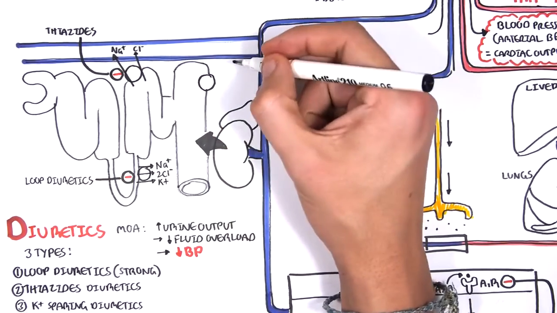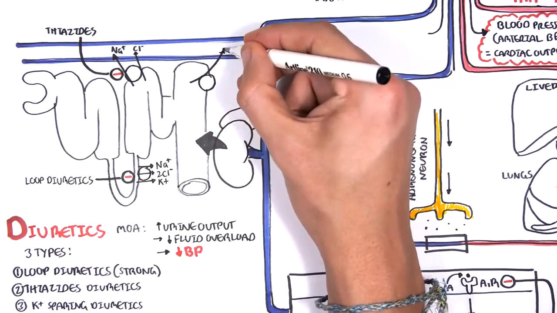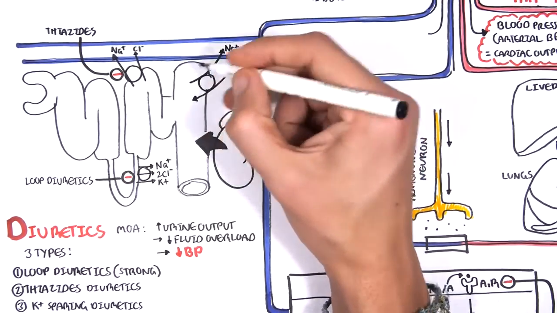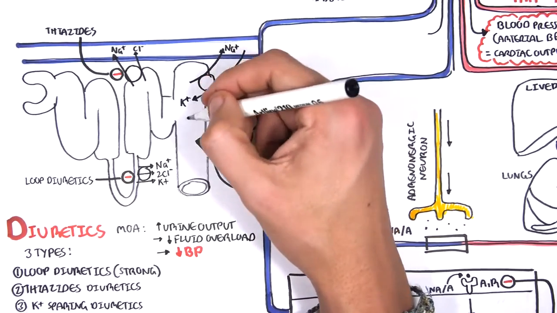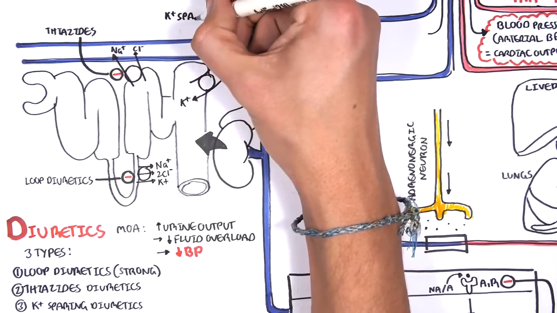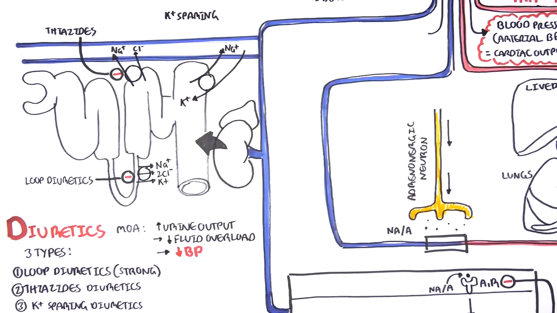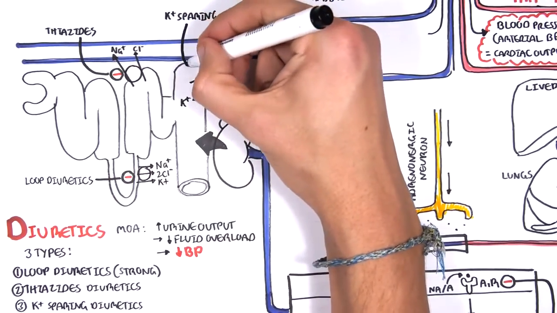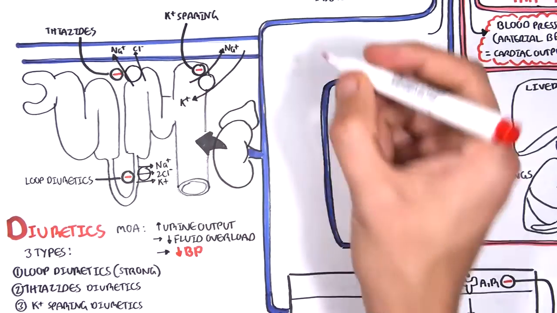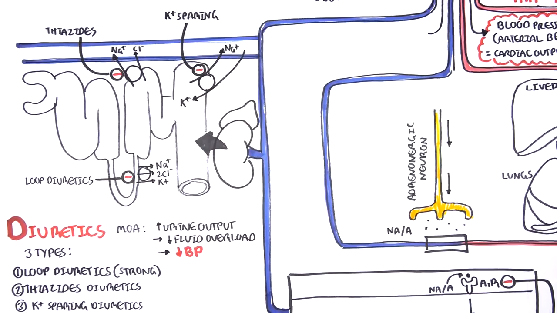In the distal part of the nephron, there's also this other transporter, an exchanger, which reabsorbs sodium but secretes potassium. And potassium-sparing diuretics inhibit this transporter. And by inhibiting this transporter, you actually decrease the reabsorption of sodium, which means you decrease the reabsorption of water, which subsequently decreases blood pressure.